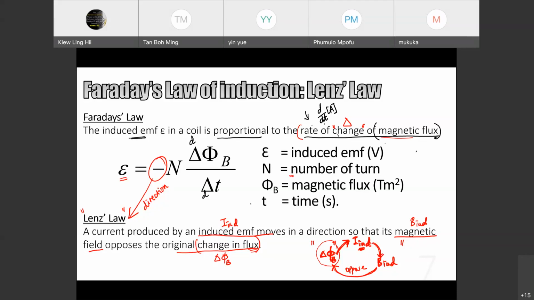The current will move in a direction so that its induced magnetic field, caused by this induced current, will tend to oppose the original change in flux. Remember, this is topic 9: when there is current, there is magnetic field.